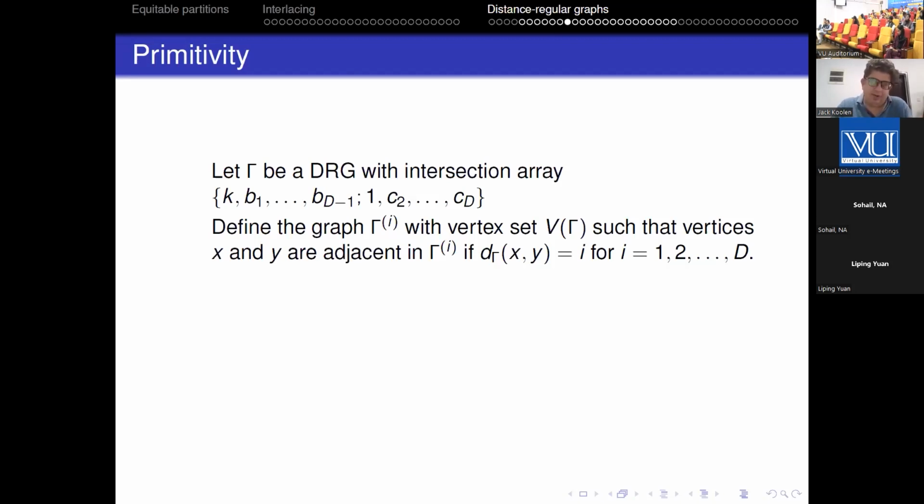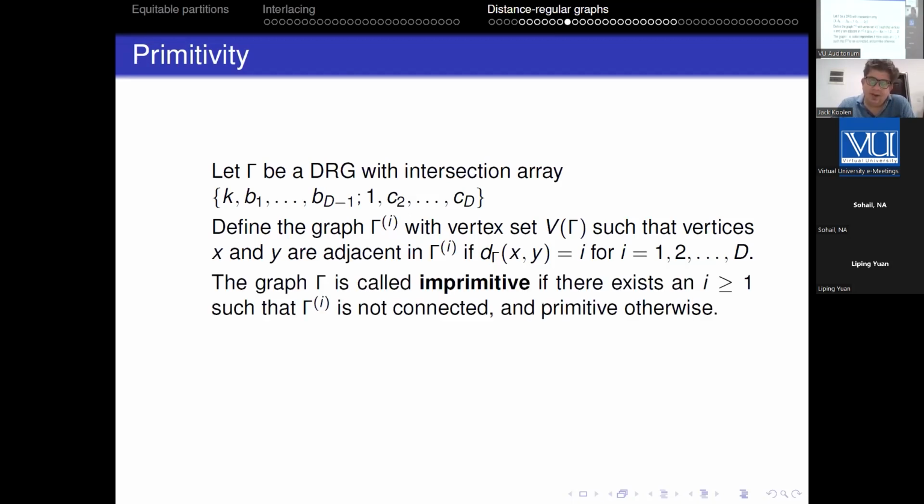Therefore gamma_1 is of course gamma back, and gamma_2 is the distance 2 graph, and so on. It's called imprimitive if one of them is not connected. Otherwise it's primitive. This is a notion that comes from group theory, but it has a combinatorial interpretation.